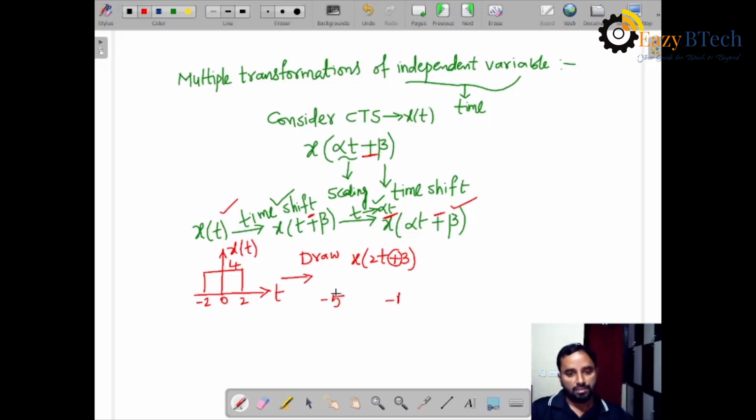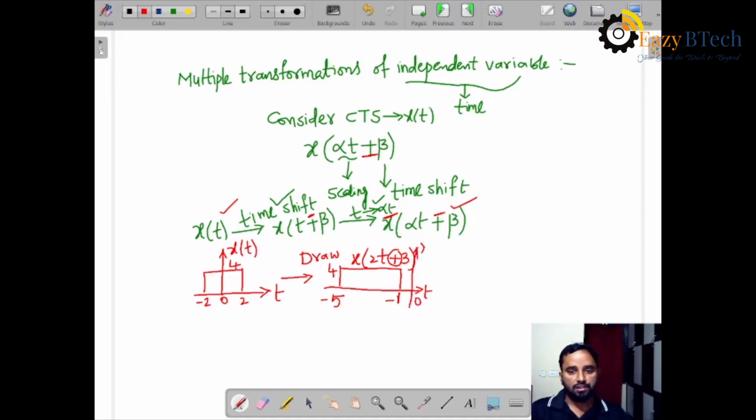Now the signal is between -5 and -1. The amplitude is the same, 4, no change.